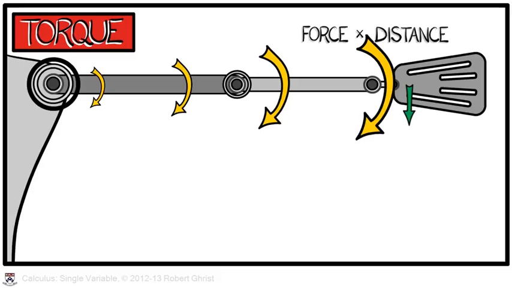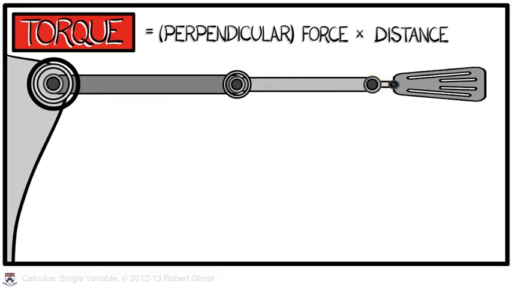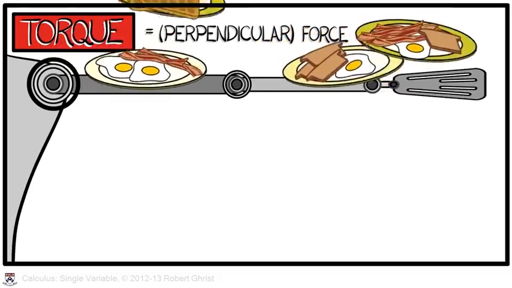The torque is equal to the force, really the perpendicular force, perpendicular to your arm, times the distance between where the force is applied and your shoulder. Now, that is true for a singular force, a force applied at one point.